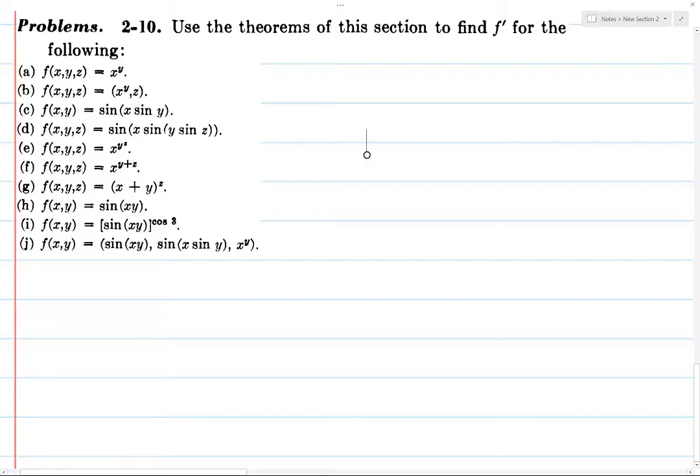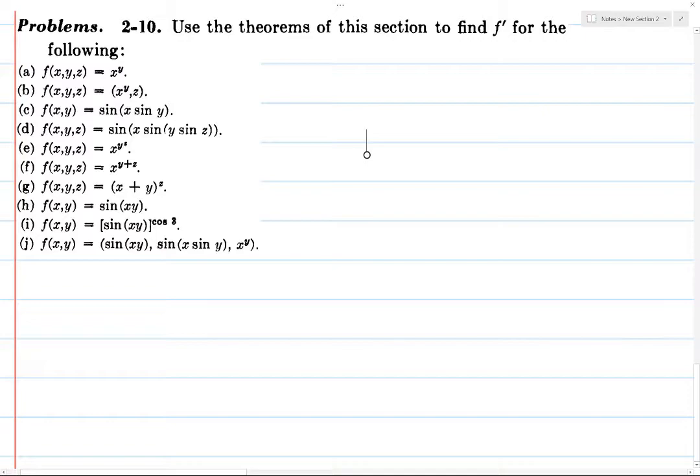If you want to find the derivative of a function from Rn to Rm, you basically build a matrix, and each row in the matrix tells you which of the component functions you're looking at, and each column tells you which variable you're taking the partial derivative with respect to. You use this procedure and you can build a matrix in this way, and it's really straightforward.